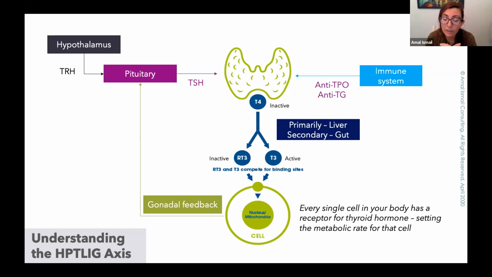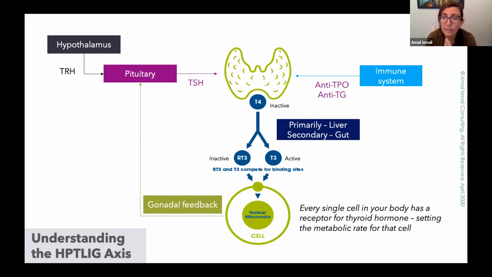We're going to talk a little bit more about how disruption in these different pathways can lead to dysfunction in the thyroid. But here I just wanted to highlight the gonadal feedback, which is coming from the testes or the ovaries, that gives a signal back to the pituitary in terms of how much additional TSH or less TSH should be produced in order to alter the thyroid hormone.